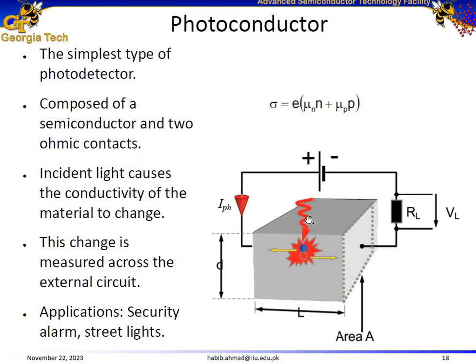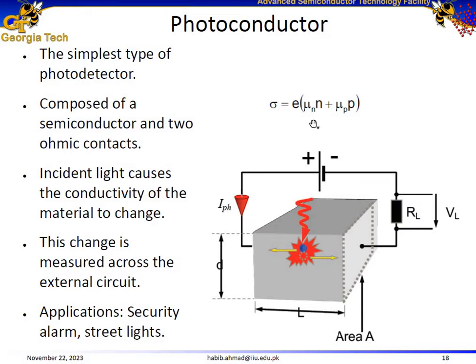When light is incident on this semiconductor, it results in the generation of electron-hole pairs. Here we have the conductivity equation for semiconductors, equal to charge on electron times mobility of electrons times the carrier concentration if it is an n-type semiconductor, plus mobility of holes times the carrier concentration if it is a p-type semiconductor.